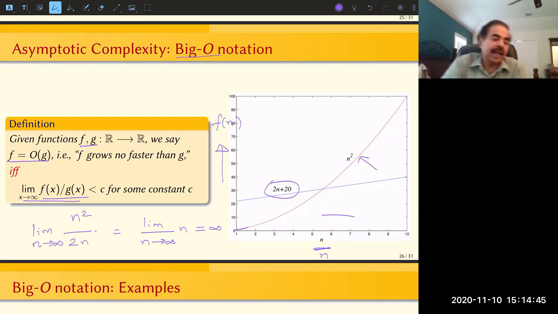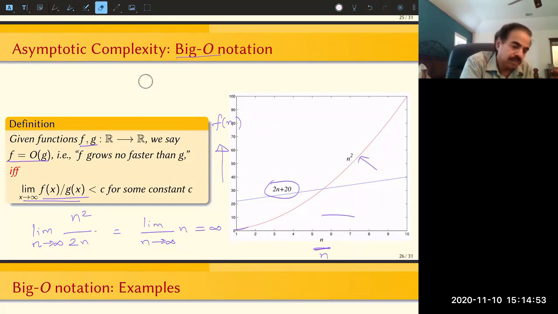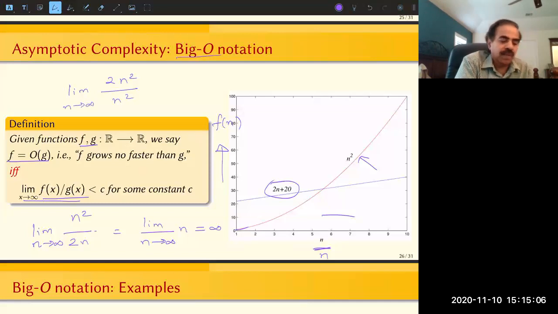On the other hand, if you compare 2n square and n square, obviously the n square will cancel out and it is just 2.